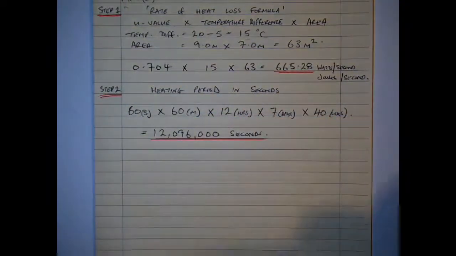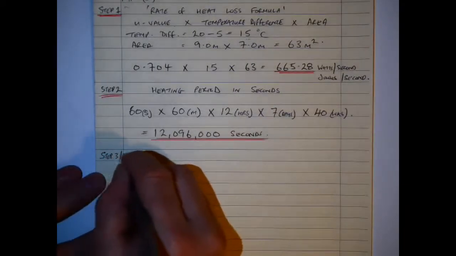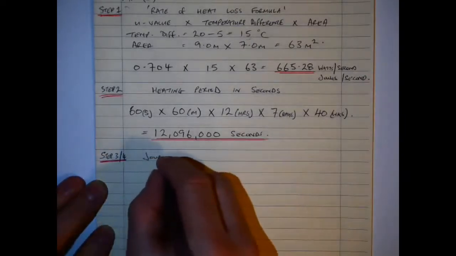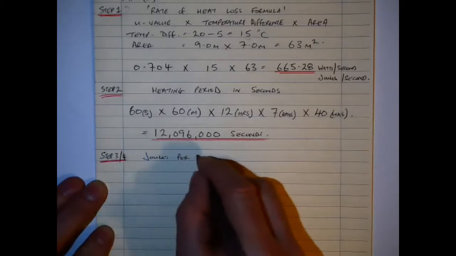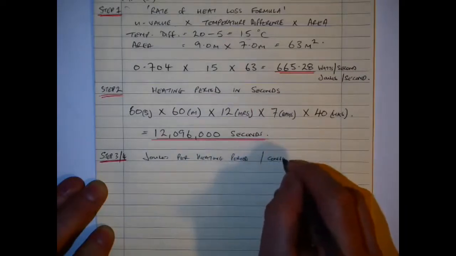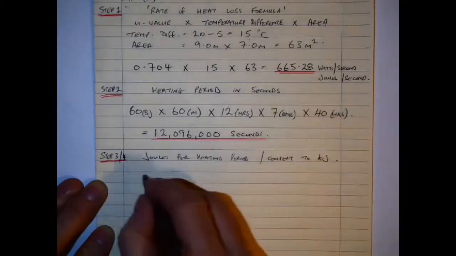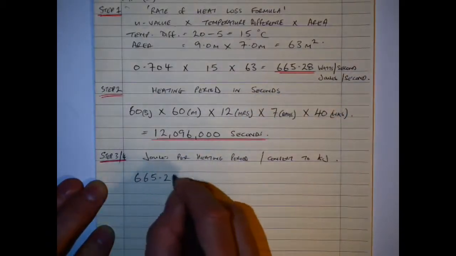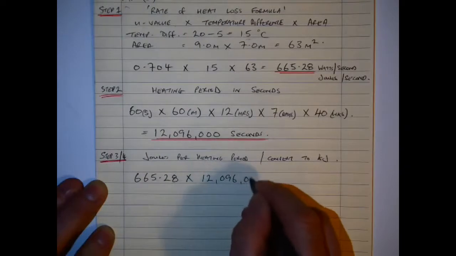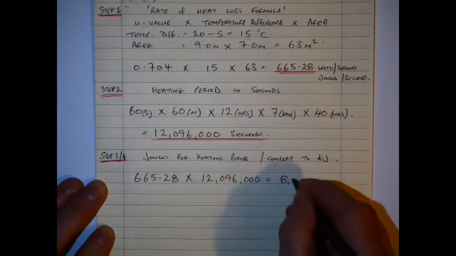Now the next step after this is really two steps, though you could say it's one. It's the joules per heating period: joules per second multiplied by the total seconds. So our first two values that we're after are joules per second and our number of seconds, and we're going to multiply those together to get the joules per year. Taking the joules per second and multiplying it by the number of seconds gives us a huge figure here.